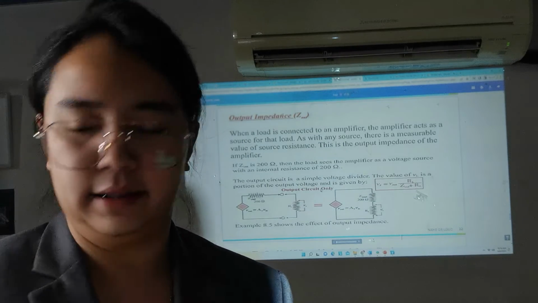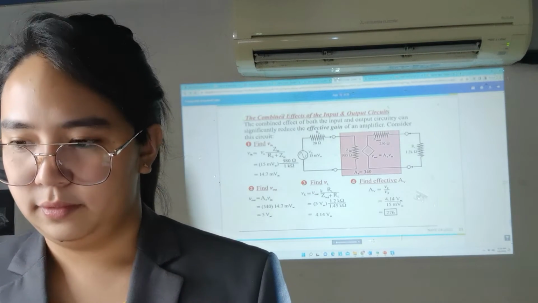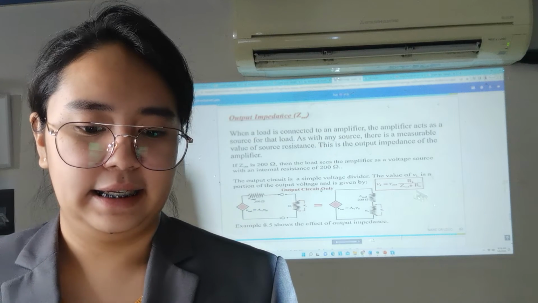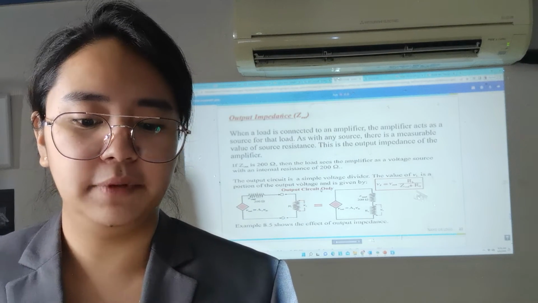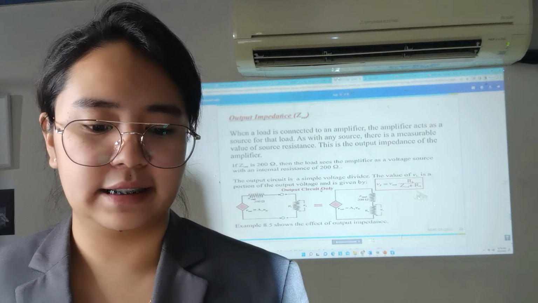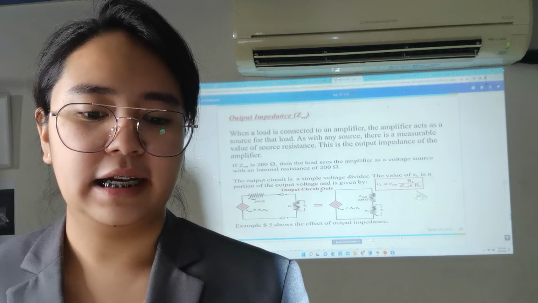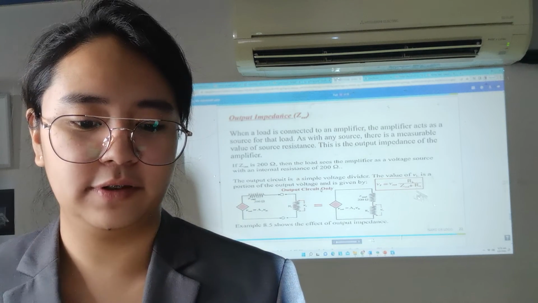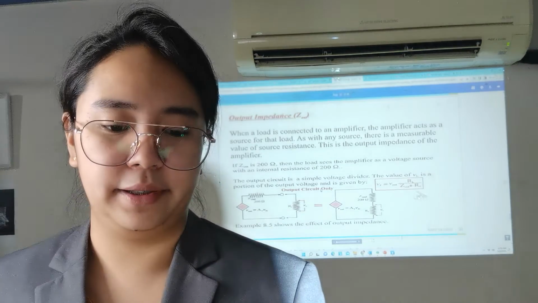The next is the output impedance, Zout. When the load is connected, the amplifier acts as a source for that load. As with any source, there is a measurable value of source resistance. This is the output impedance of the amplifier.